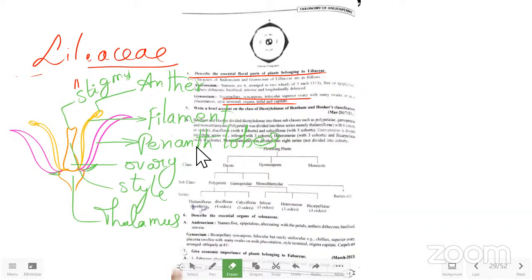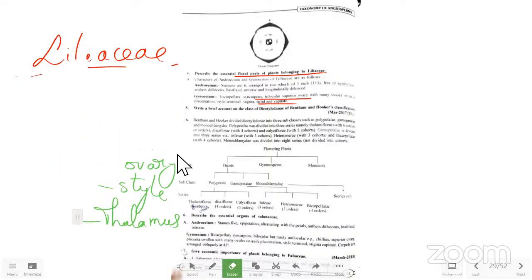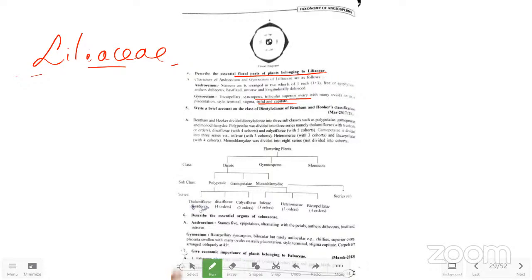Now comes the gynoecium. That is what we have to draw here, ovary with the axile placentation. How to draw this? Ovary is tricarpellary, trilocular, syncarpous.